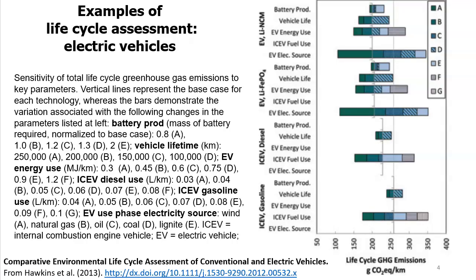Another important example is transport and also the application of sensitivity analysis. So we can say that we have base cases, like a vehicle is used maybe 15,000 kilometers per year, it has a typical fuel efficiency and so on. And then of course we can change all these parameters. And we can change the electricity mix with which we drive the electric vehicles, and we can also change the battery production mix.